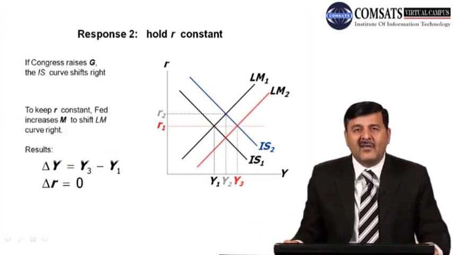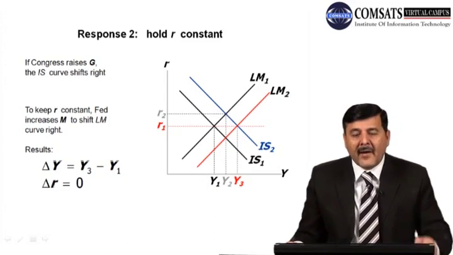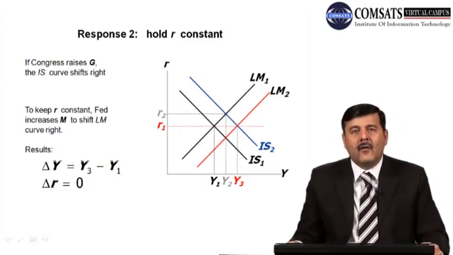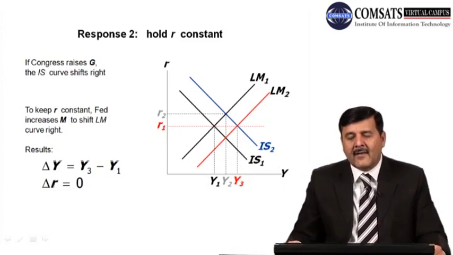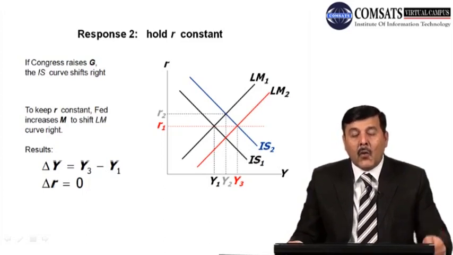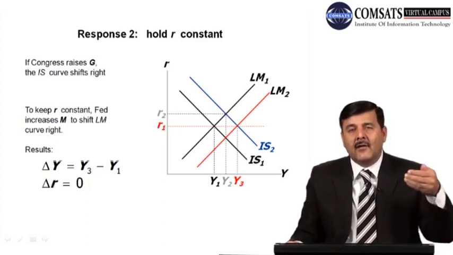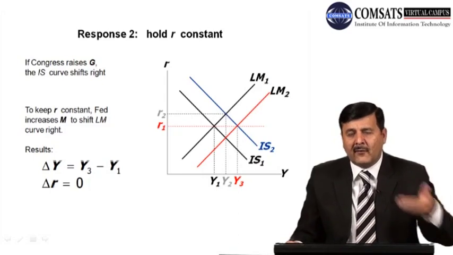Second, what could be the response of the Federal Bank, the central bank, if they hold R constant? Let us start from the same place. What is our initial equilibrium? IS1 and LM1, and we have the equilibrium R1 and Y1. Now suppose Congress or the government of an economy increases its expenditure.